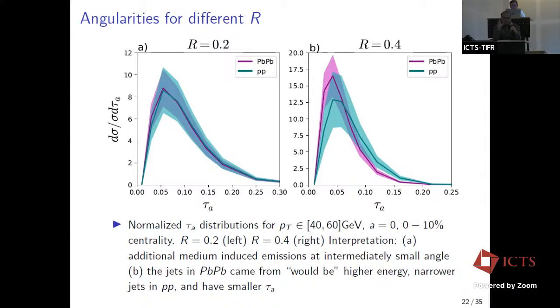With the radii, it's changing. So is there an intuitive way to understand the change in uncertainty ratios? For 0.2, the uncertainties are similar, the thickness of the bands. And for 0.4, they're quite different along the angularities.